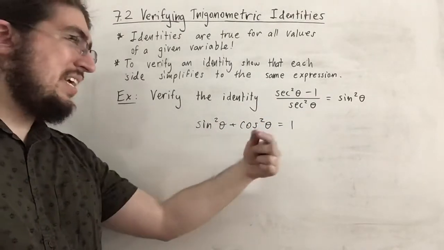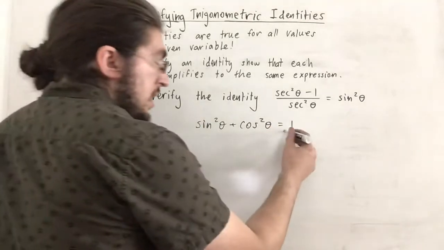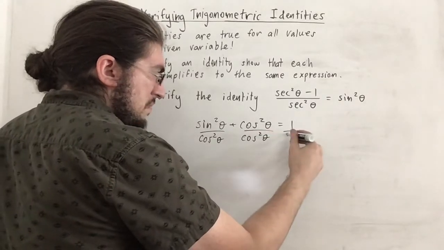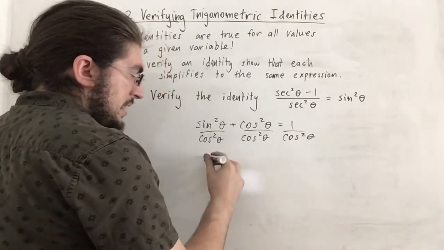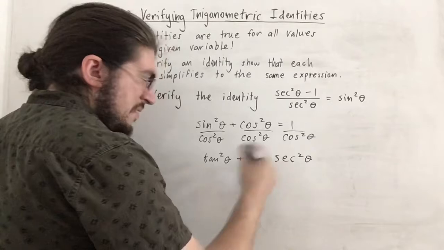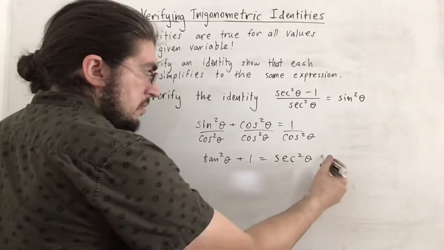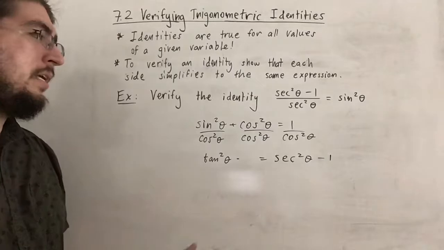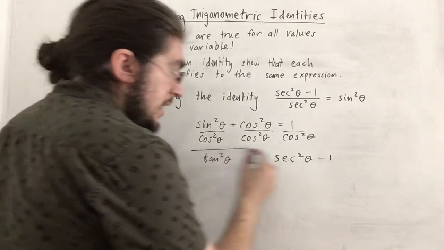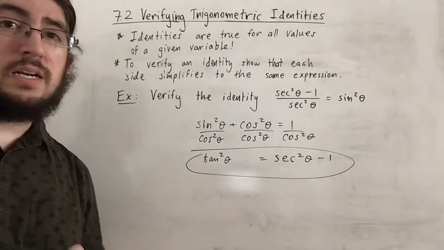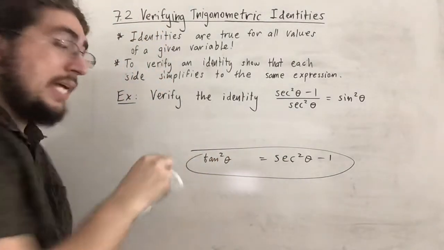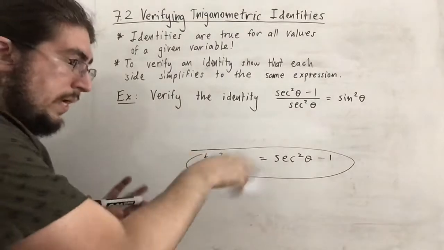Since 1 over cosine is secant, if you divide everything by cosine squared, like I showed in previous videos, we'll get tangent squared plus 1 is equal to secant squared. And if you subtract 1, then you'll get tangent squared is equal to secant squared minus 1. So in fact, we can replace the numerator with tangent squared using this identity, which is a modification of one of the Pythagorean identities. So let me erase this, and let's work with this equation using that.